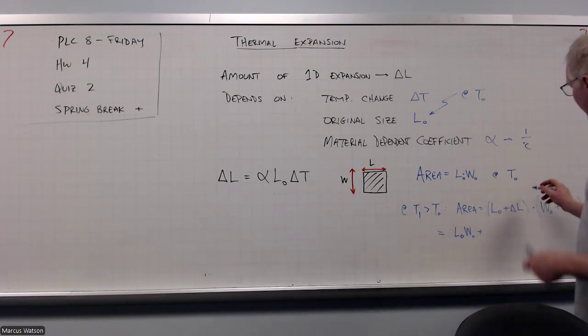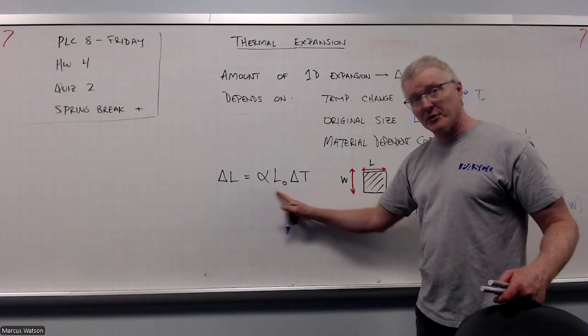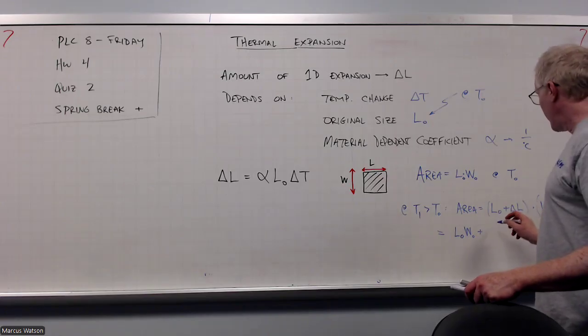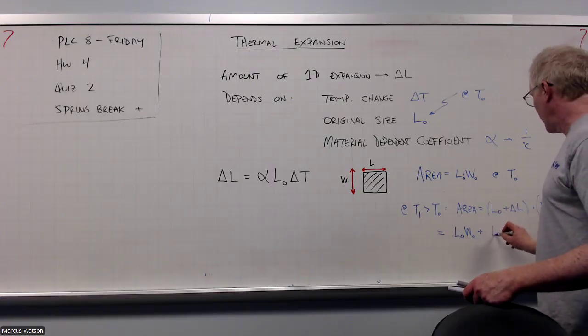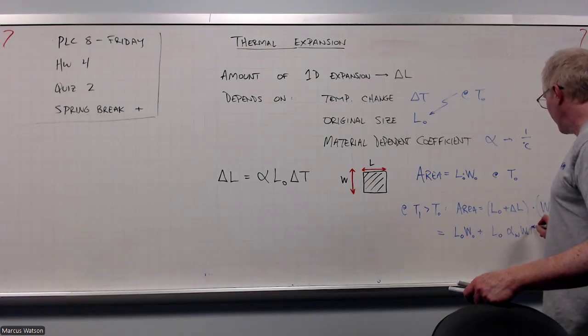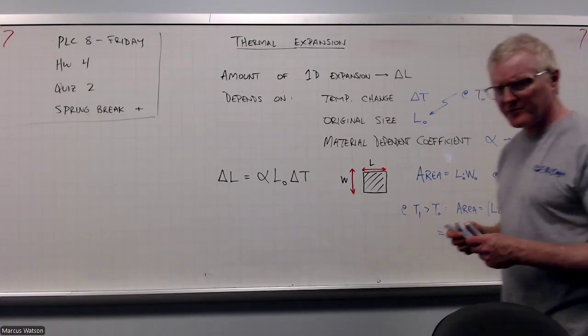But if I think about delta L, and delta L is going to be something like this, and then, of course, delta W is also going to be something like this, we're going to think about an L naught times a delta in the W, which means L naught times delta in W, alpha W naught and delta T, plus W naught alpha in L, L naught delta T, plus some more higher order terms.